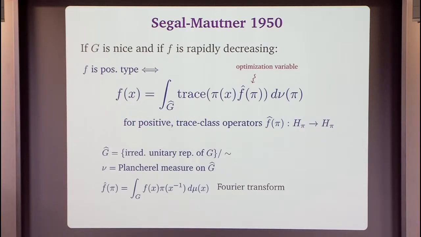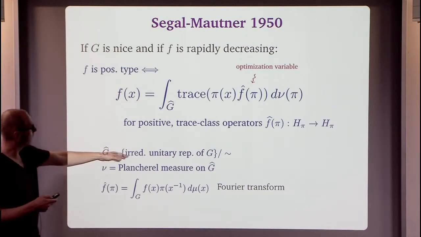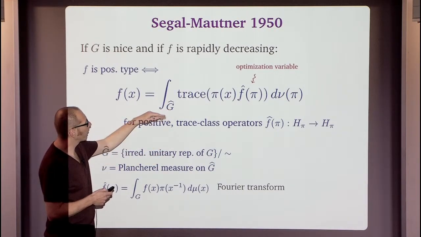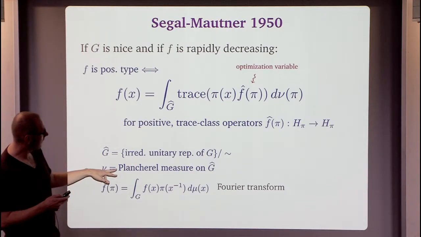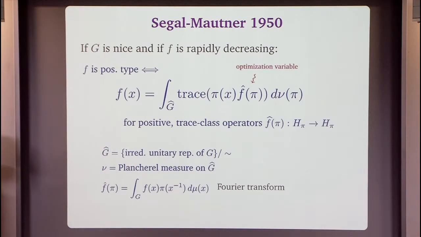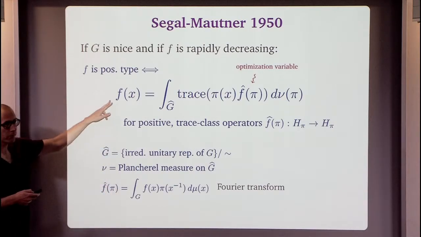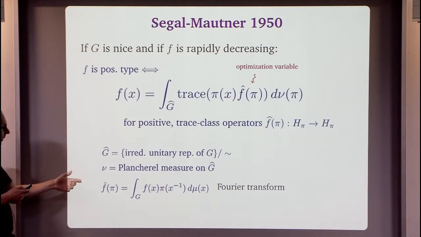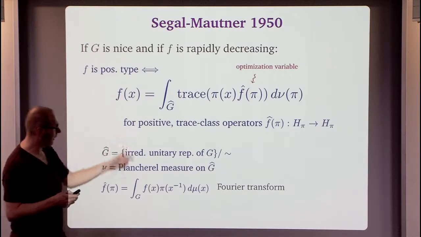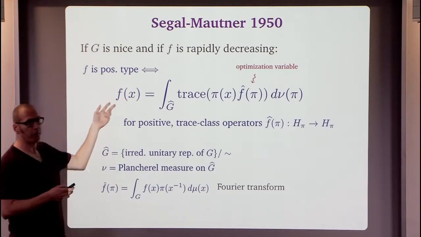So back to the notation, G hat were all the irreducible unitary representations of the group. Then nu is a Plancherel measure on the group, and f hat is the Fourier transform of f. You can read off positive typeness by looking at the Fourier transform of f, and then if it's positive and trace class, then f is a positive function.